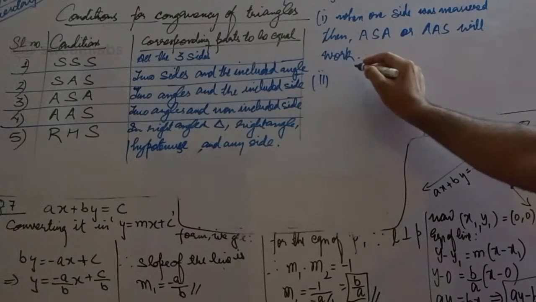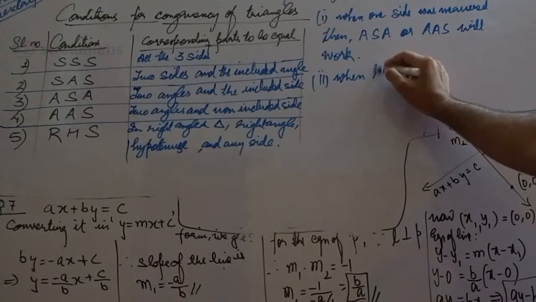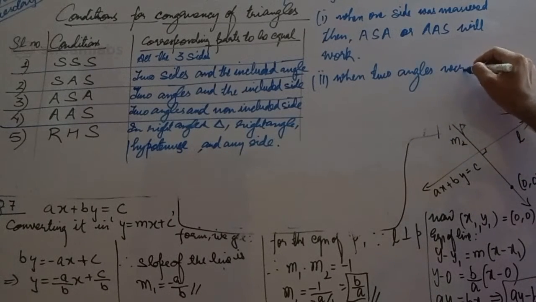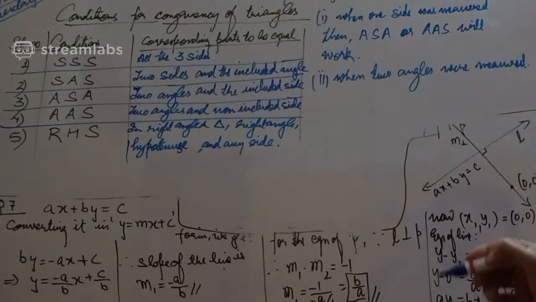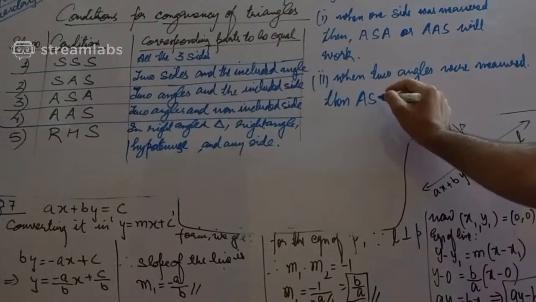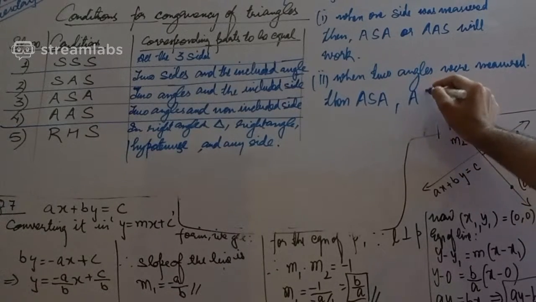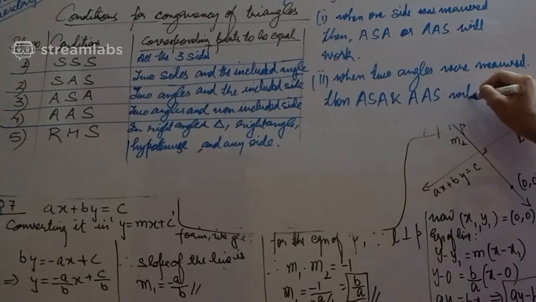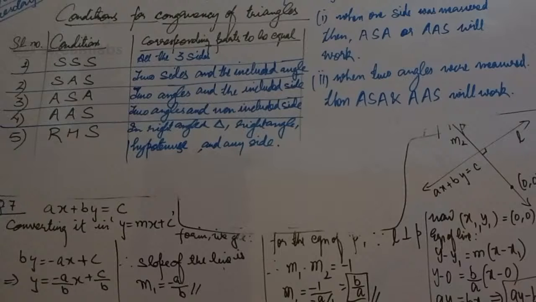And the second one, when two angles were measured, then also I think ASA will work, because one more side is required, and AAS will work. So in both the cases, ASA and AAS would make congruent triangles.